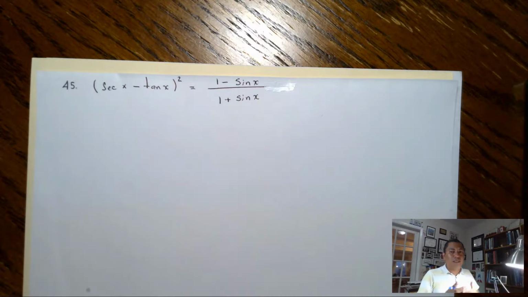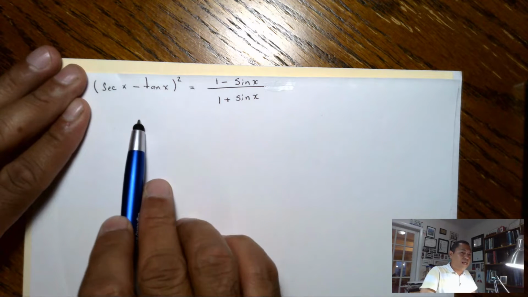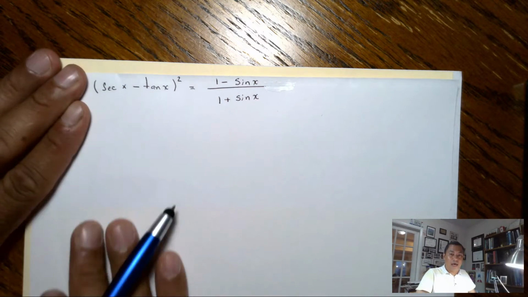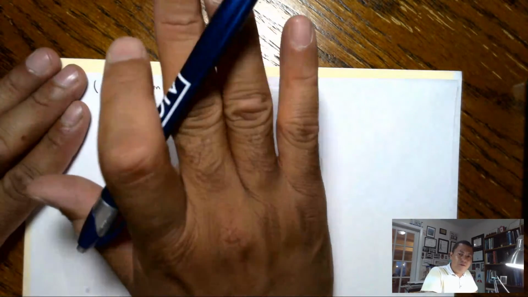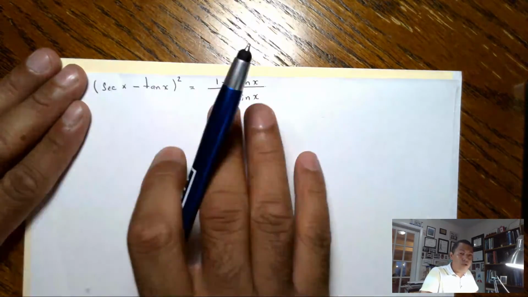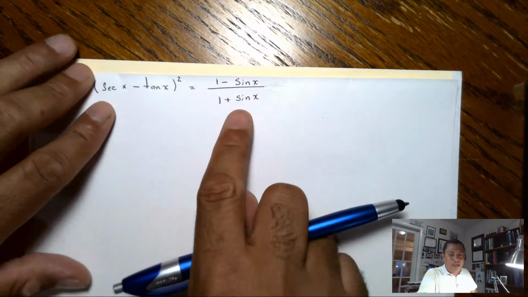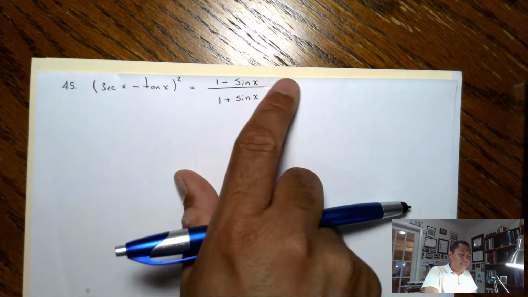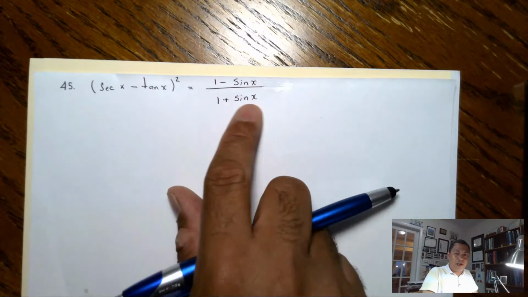Sometimes choosing a side is important, and do not change your side. For these problems, I'm going to choose the left side and stay with the left side. I'm going to forget about the right side because this is where I want to go. My final answer needs to be this situation here.